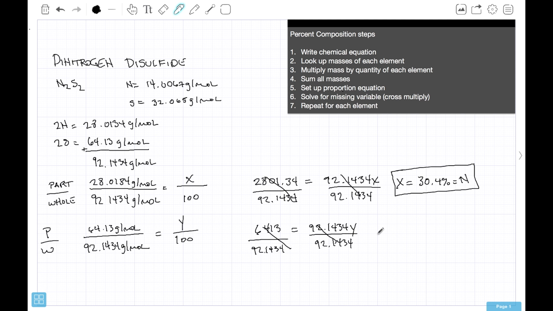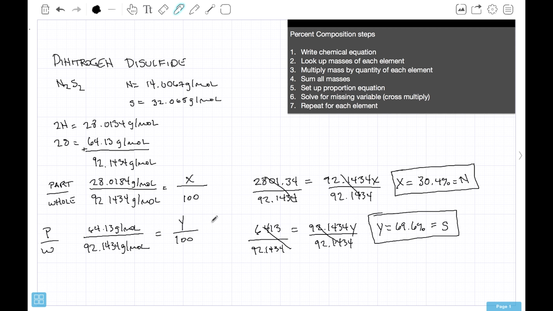And after doing so, you'll find that Y equals 69.6%. And that represents the amount of, or the percentage of, sulfur in dinitrogen disulfide.